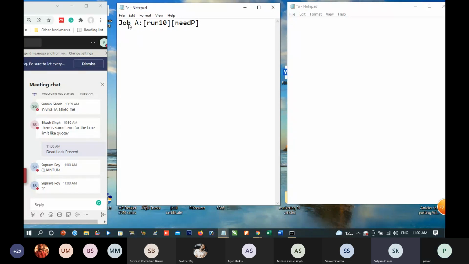It may need some file in between. So it needs some resource P. P is a general resource. It needs it, and afterwards it needs to run for 7 unit time. This is what job A does.